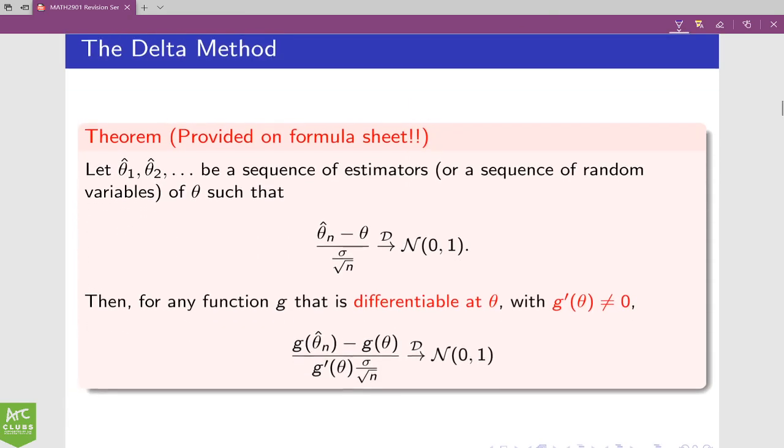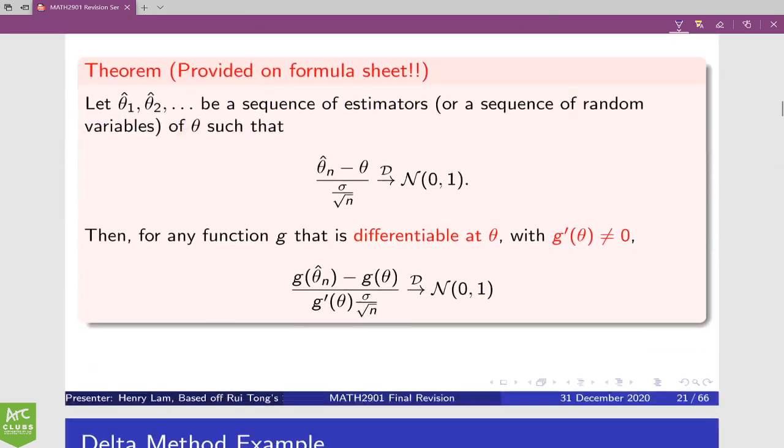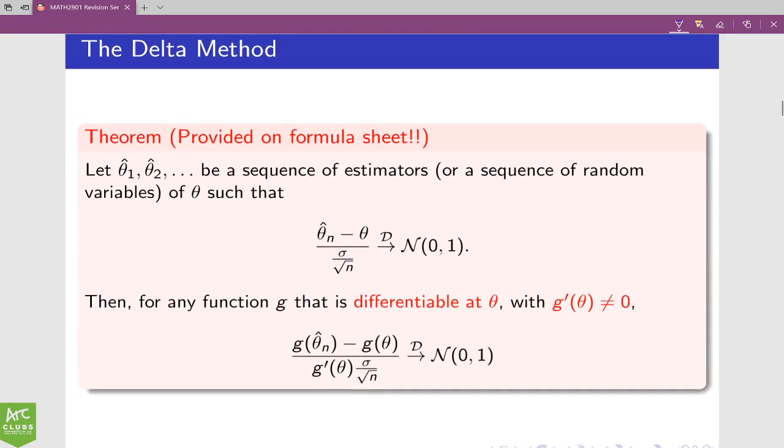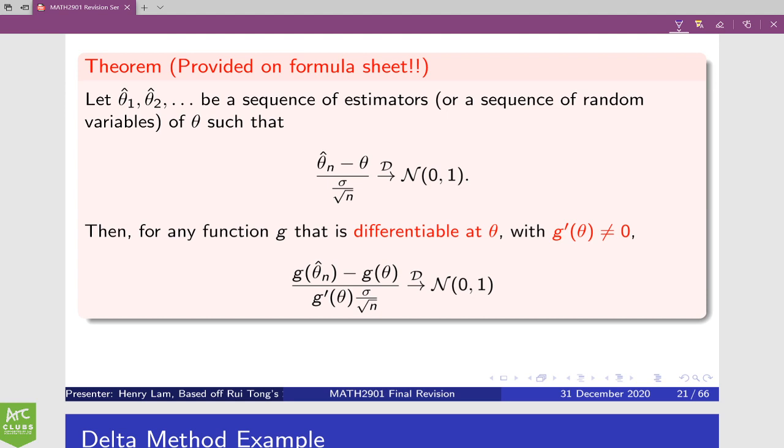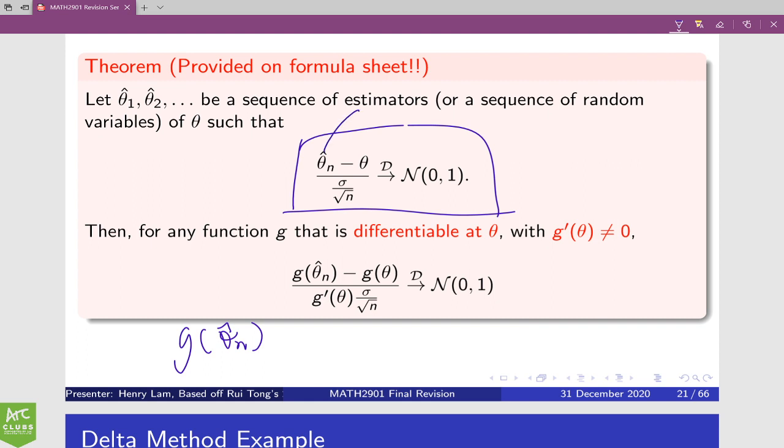And we'll just go with the delta method. Let's go over this real quick because I believe you might have gone through this in the previous seminar as well. The idea of the delta method is that if you have convergence in normality of this form, and you want to find the convergence of g(theta_n), some sort of transformation of your original random variable, you just sub things in.